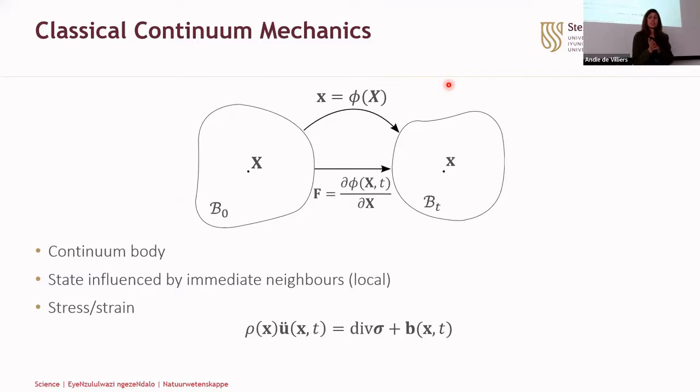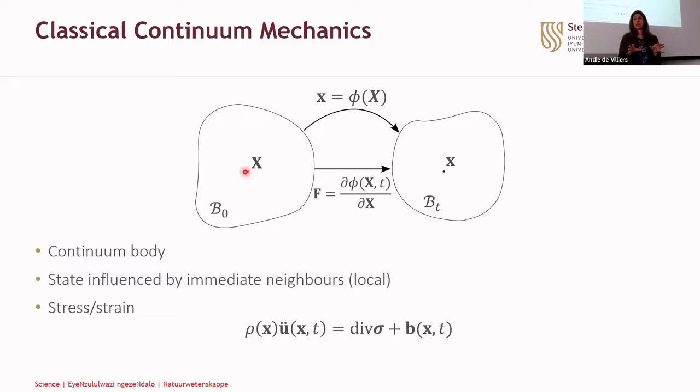Again, in classical continuum mechanics, a continuous body is considered, and the motion of a point can be mapped by a function such as phi to the spatial configuration. If you consider one of these points, the state of this point is influenced only by its immediate neighbors.